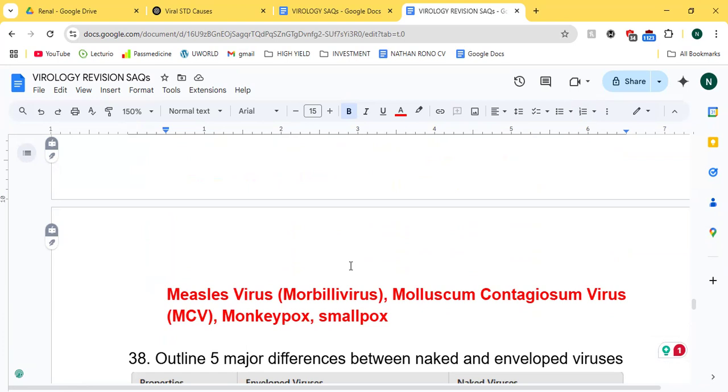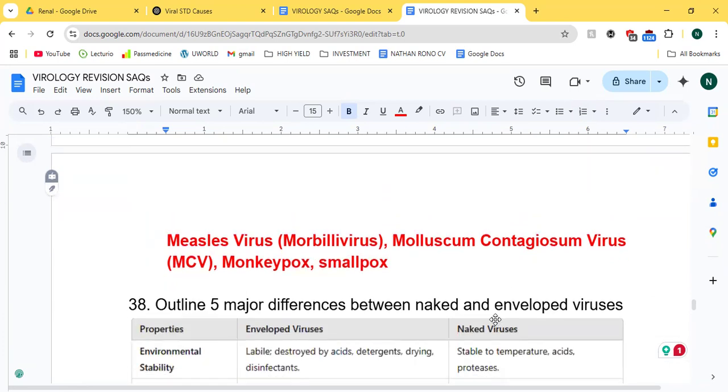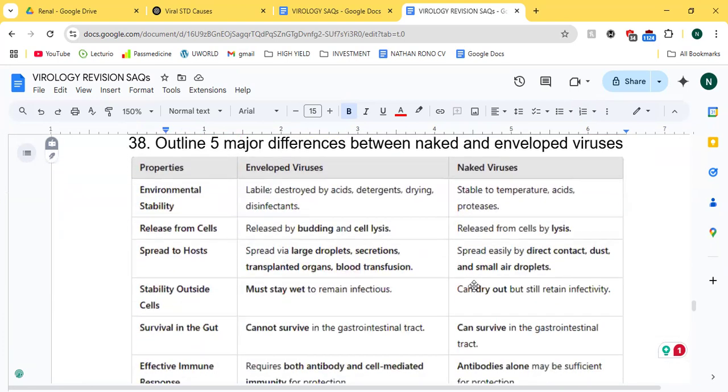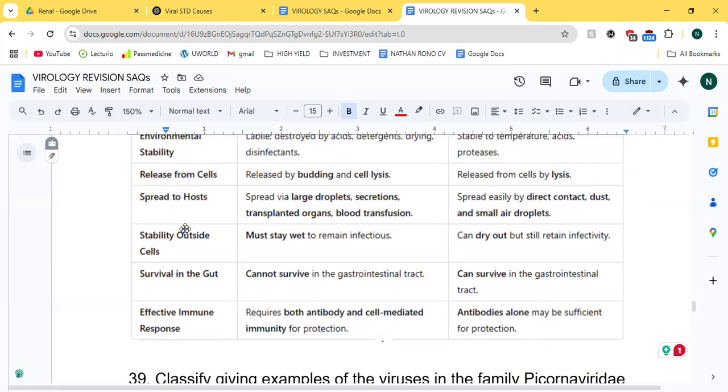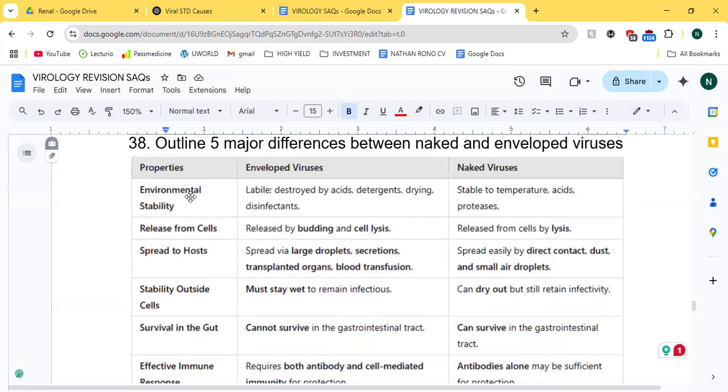Then outline 5 major differences between naked and enveloped viruses. Here, I just lifted from your slides. It can be asked. There are these properties, direct from your slides. We have environmental stability. How I remember this is enveloped viruses fear the environment. That's why they are enveloped.